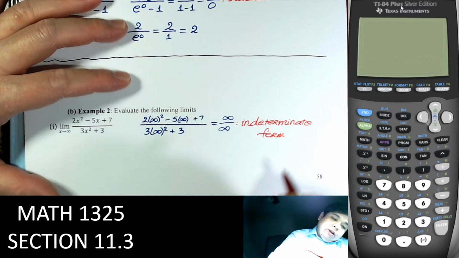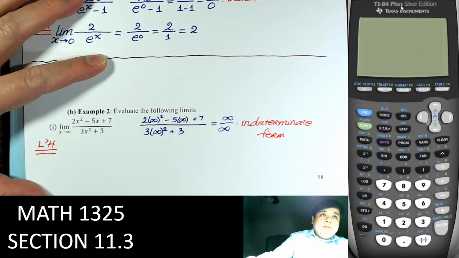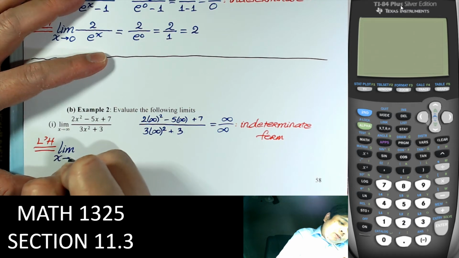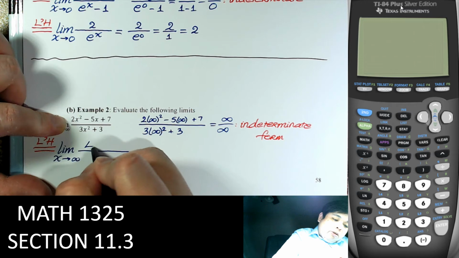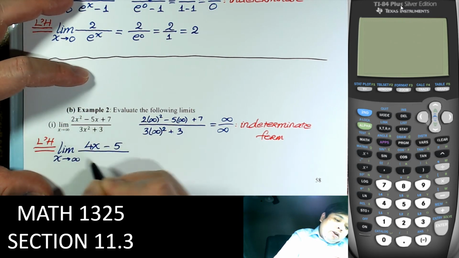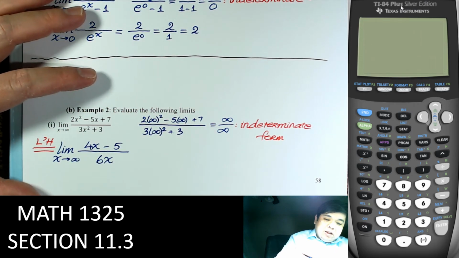Infinity over infinity. So we'll use the L'Hôpital rule. Derivative of 2x squared is 4x. Derivative of 5x is 5. The bottom, derivative of 3x squared is 6x. Right.